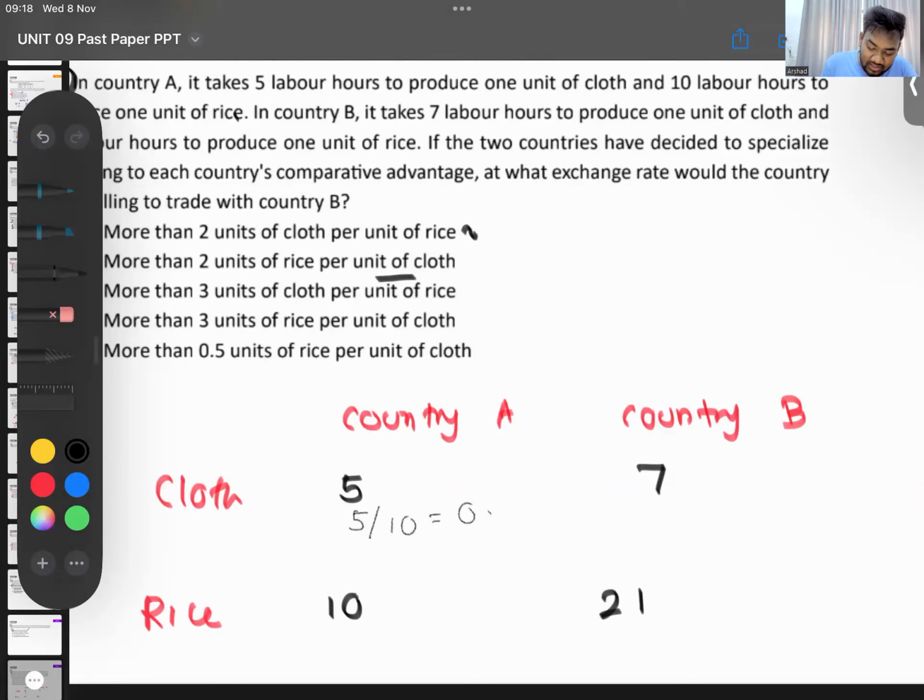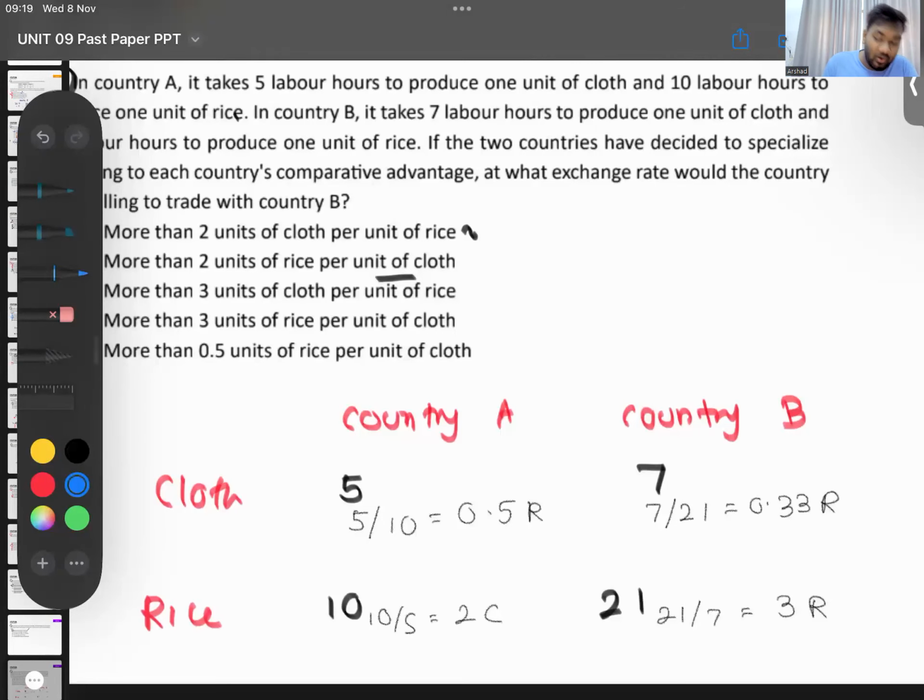So their opportunity cost is 0.5 rice. These people, country B here, 7 over 21, that is 1 divided by 3, 0.33 rice. Then for rice, these people, 10 divided by 5, 2 cloth. These people, 21 divided by 7, 3 cloth.